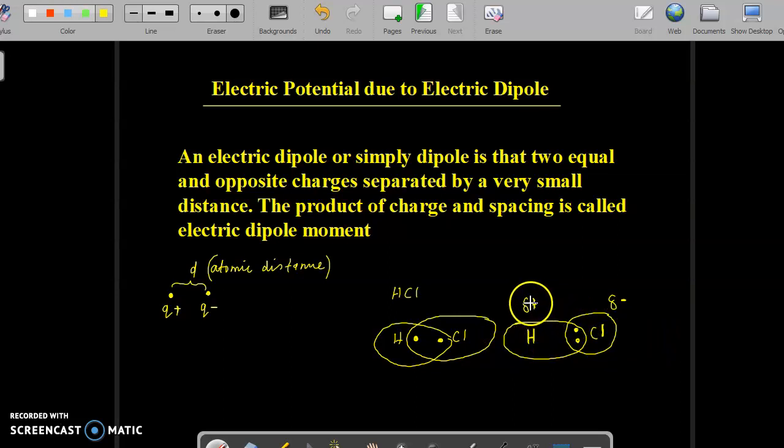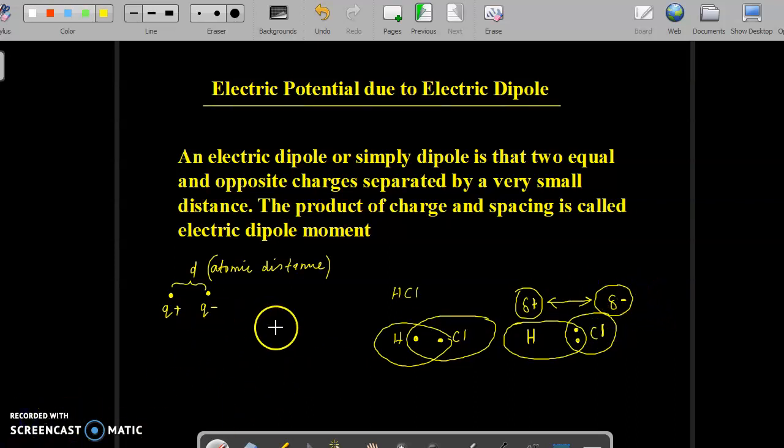So it possesses some slight positive charge, that is, we use delta plus. So now we can see that delta plus and delta minus are two equal and opposite charges separated by a very small distance. So HCl is an example for illustrating a dipole.